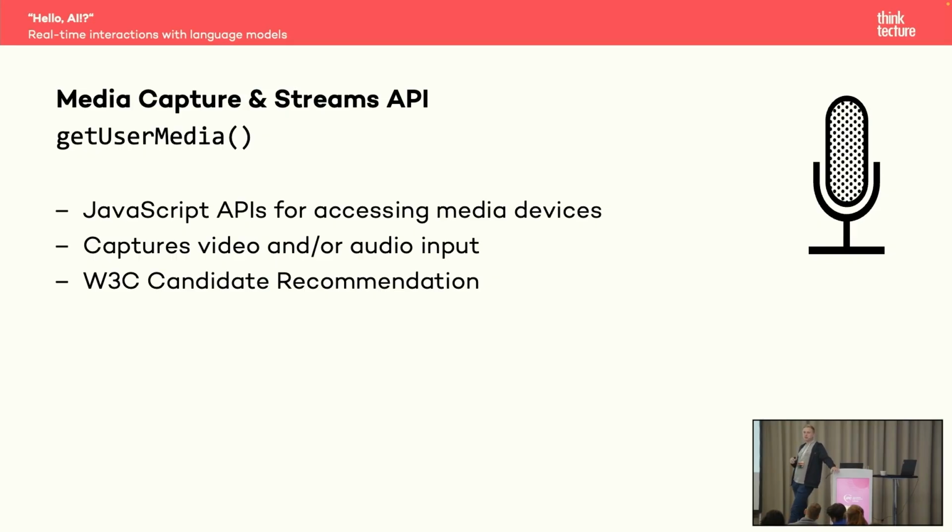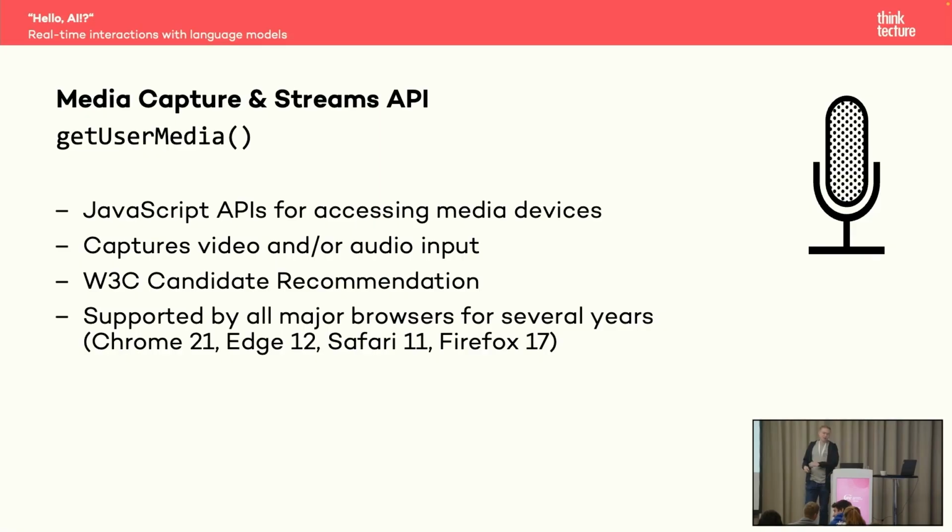So not yet a formal web standard, but effectively it is one, right? But it doesn't have the status yet. Especially if you have a look at the browser support, this is also a baseline feature, supported by Chrome 21, Edge 12, Safari 11, Firefox 17, so for a longer time already.